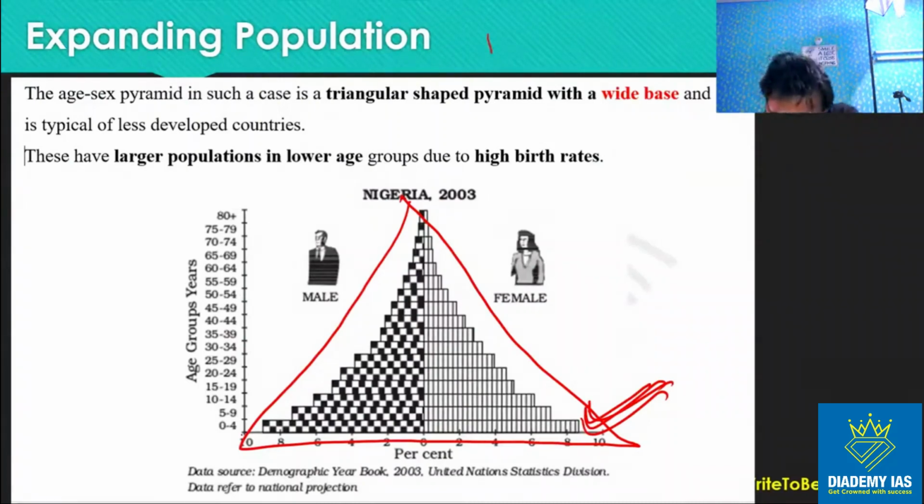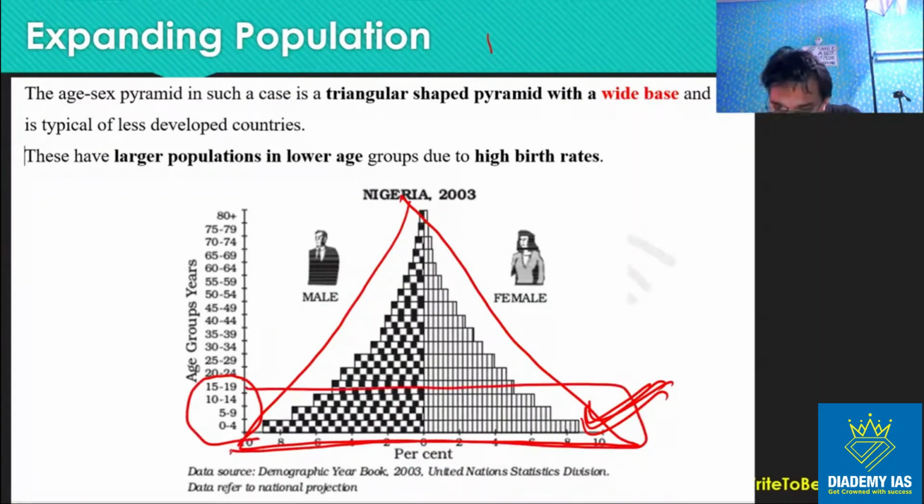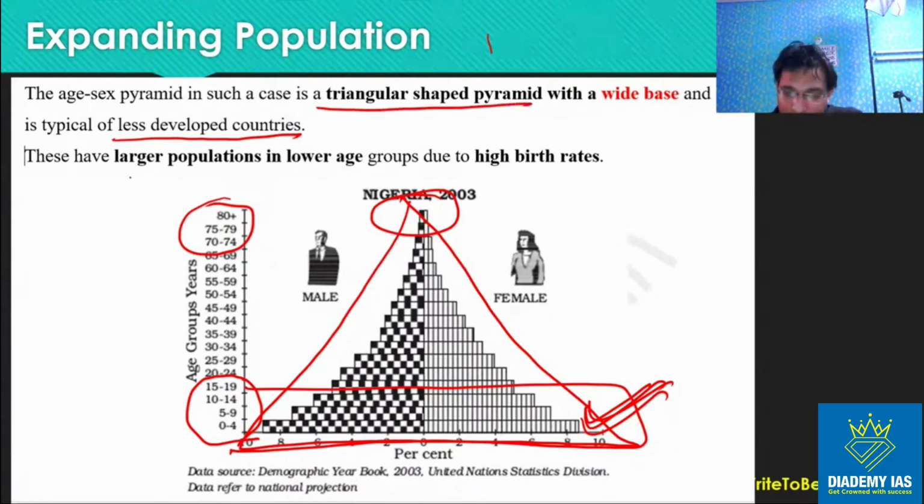The children in the age group of 0 to 14 are high. Okay? And in the old age group, there are very, very low number of people, right? So this is the scenario of less developed countries. Triangular shaped pyramid, right? So this is indicating expanding population.